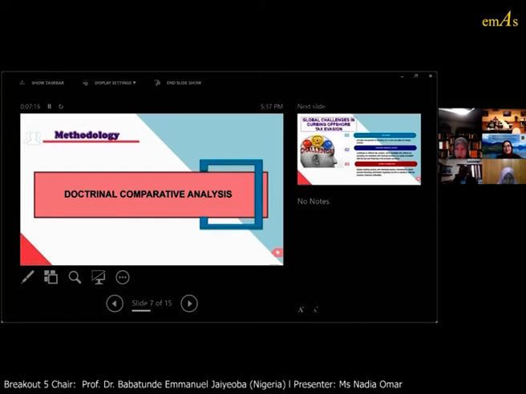Doctrinal, because I'll go into detail analyzing the law and regulations relating to offshore tax evasion, to see any loopholes and come up with a proposal for reform.